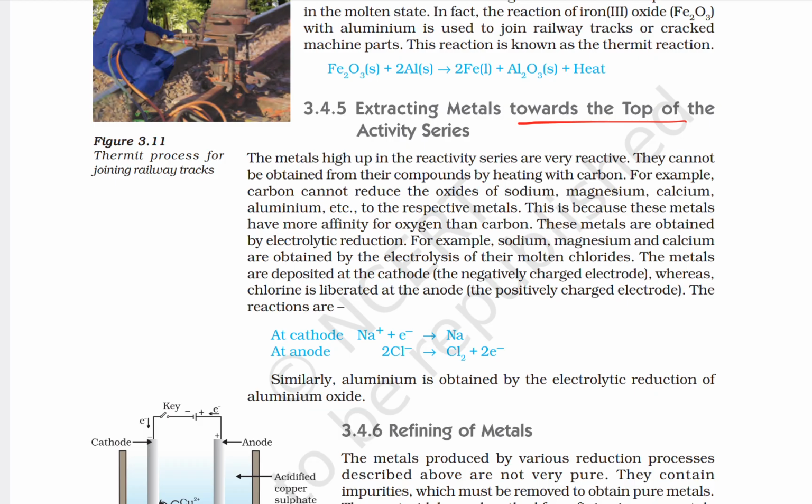But if they are very highly reactive metals, you cannot go for that process. You have to go for another process.